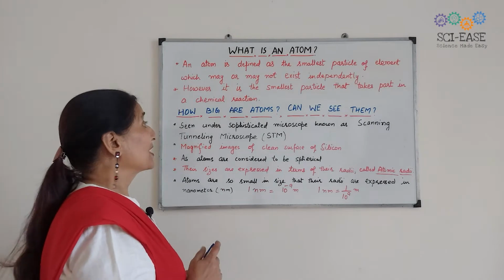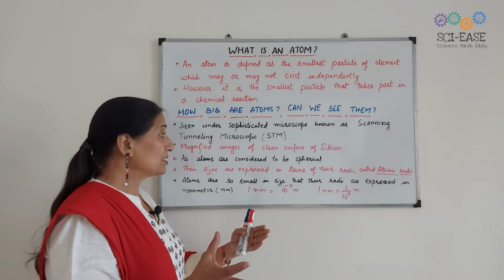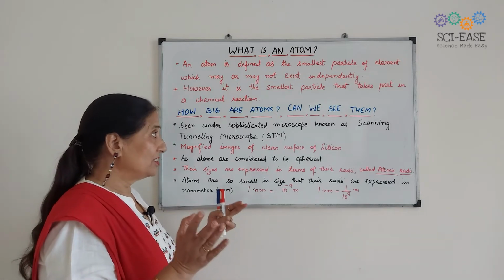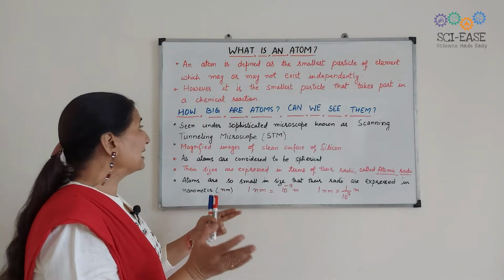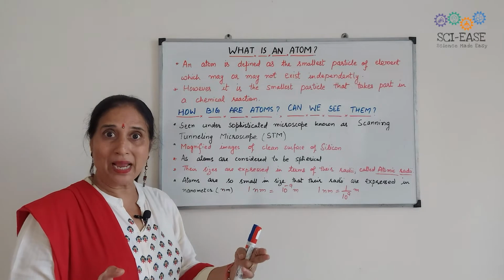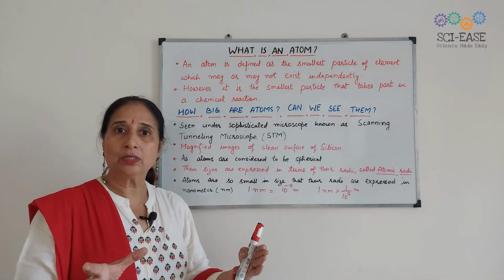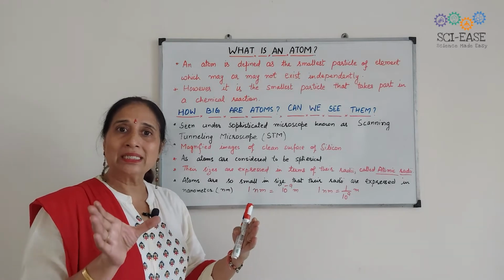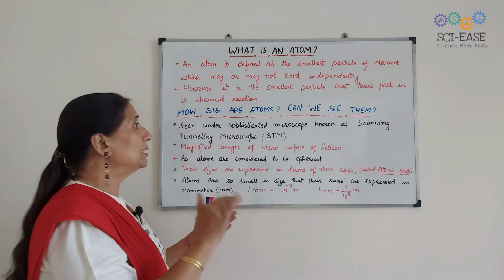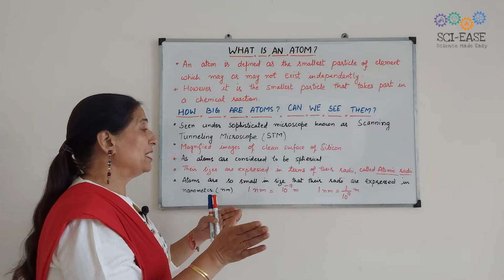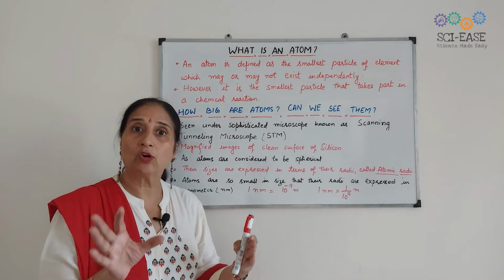So, some magnified images of the clean surface of the silicon, that is taken by the scanning tunneling microscope, STM. Okay, that diagram is given in your book in blue color. You can see how the very magnified image of clean surface of silicon is taken.